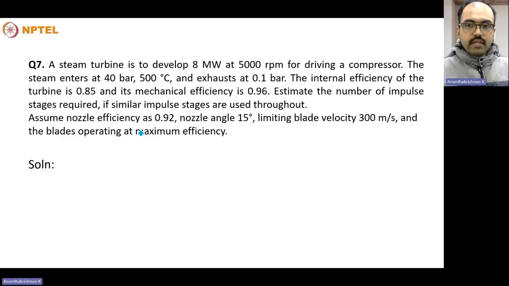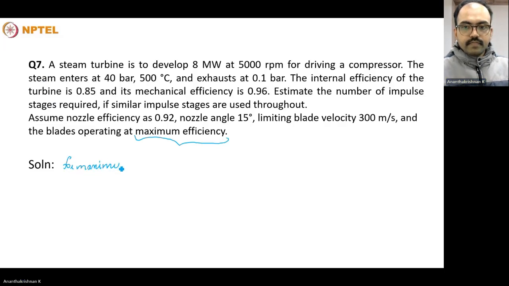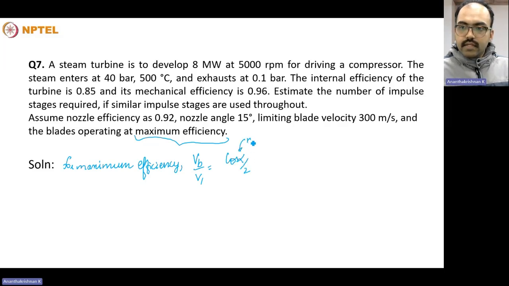So it's mentioned the blades are operating at maximum efficiency, right? So for maximum efficiency, blade velocity by inlet velocity should be equal to cos alpha by 2, where alpha is the nozzle angle.